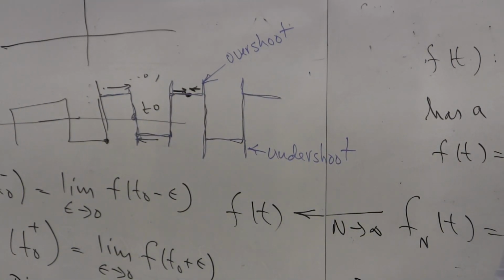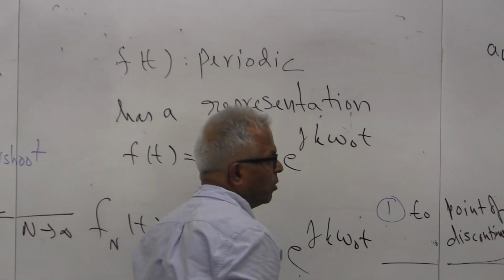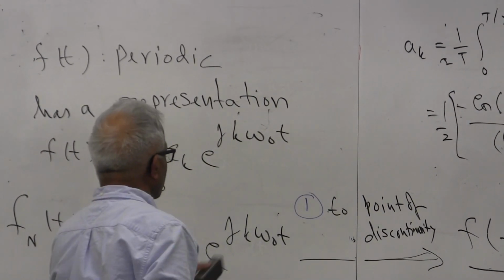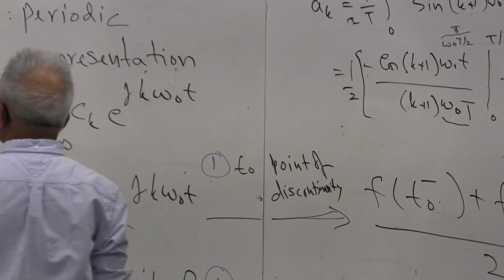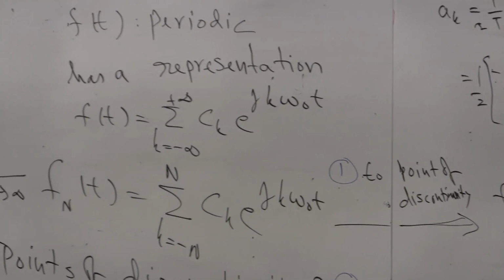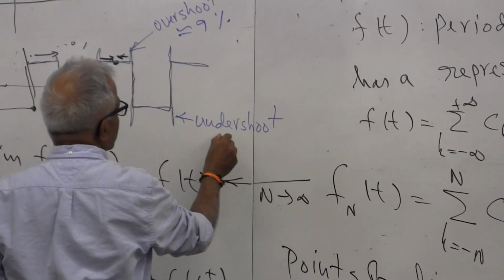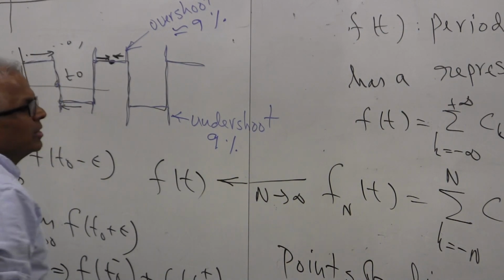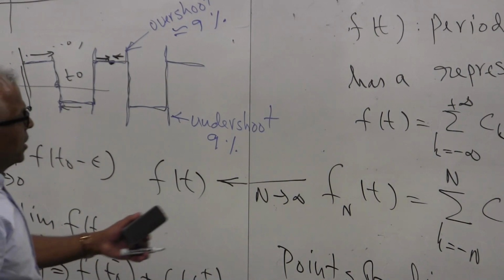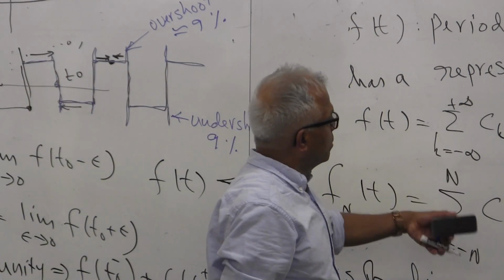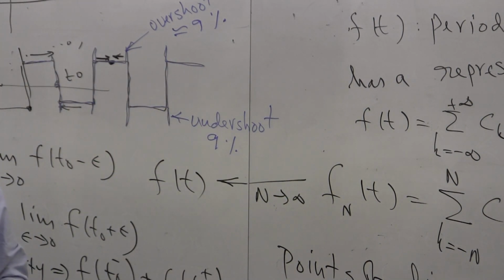So at a point of discontinuity, two things happen. Number one, the partial sum converges to the average value. The second one is that at those points there is also an overshoot by roughly 9% and an undershoot also by 9%. That is something you cannot avoid by taking more and more terms. Even if you keep adding more and more terms, the overshoot and undershoot will persist.